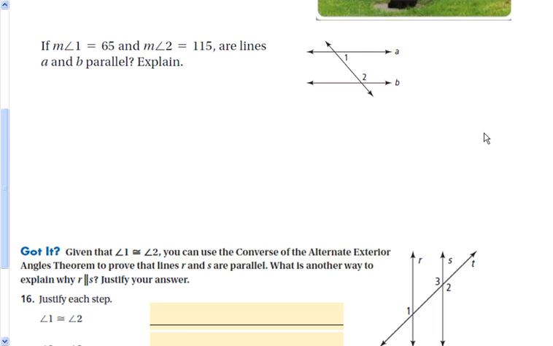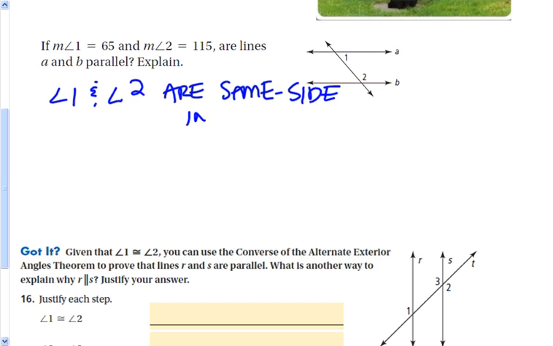I believe they are, since angle 1 and angle 2 are same side interior angles. And the measure of angle 1 plus the measure of angle 2 equals 180.